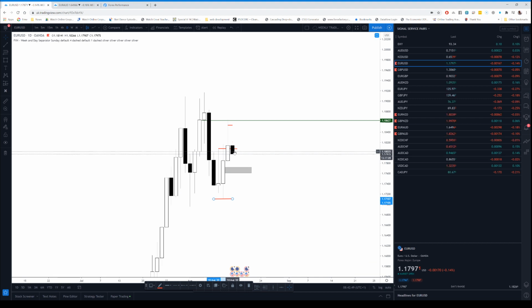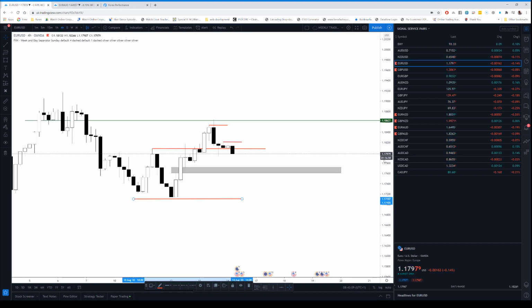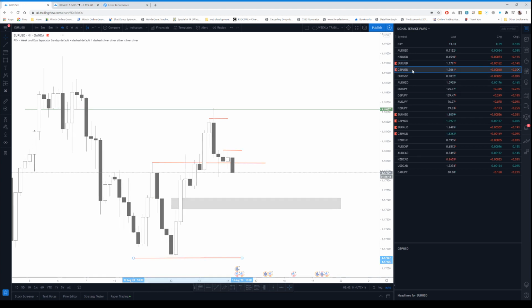If we manage to close, because price can just come all the way down here and still reject and not close below. But if we do close below, that would be good. Yeah, something like this. If we close below, at least we expect to see another bearish day, which would be Monday. So let's keep that one.